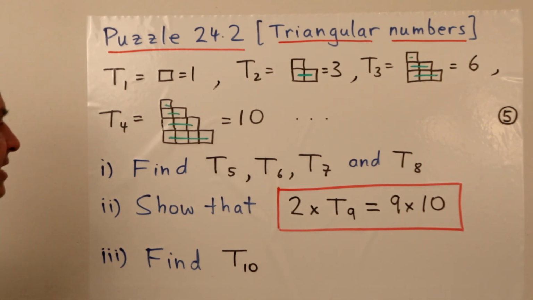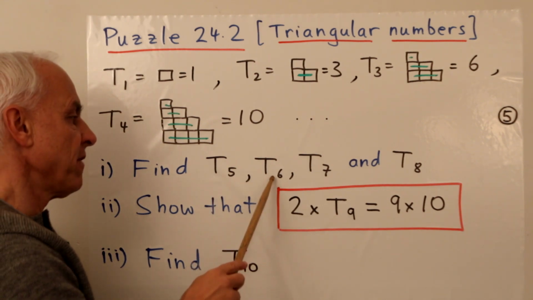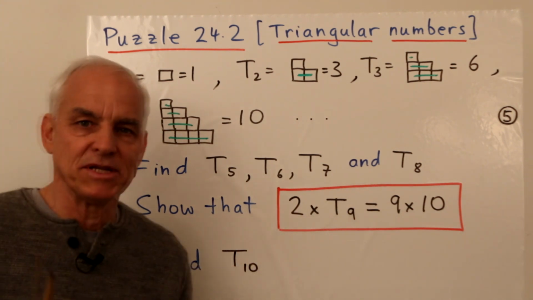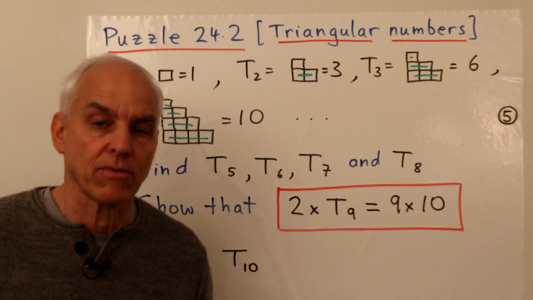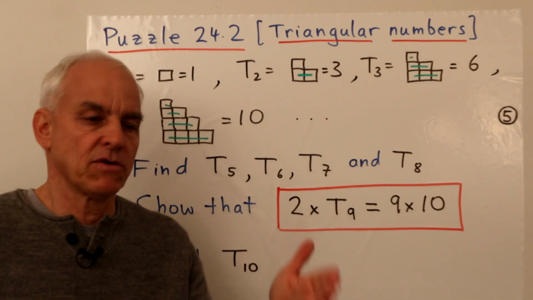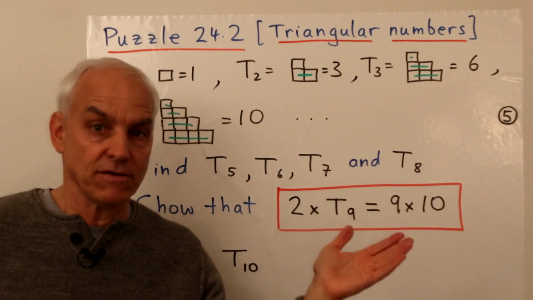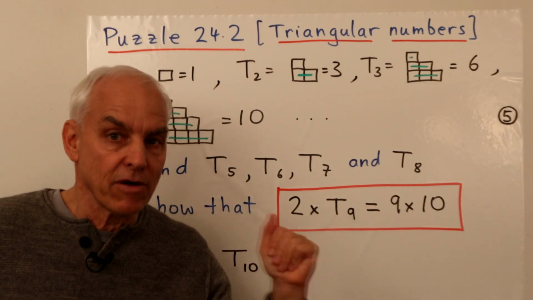And then the puzzle is to, first of all, find T5, T6, T7, and T8. So we're doing some arithmetic here. They get to practice some counting and arithmetic, but it's in the context of this very nice pattern, which actually connects with lots of things and is historically very important.